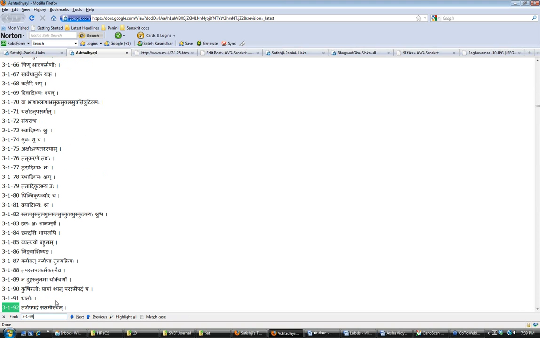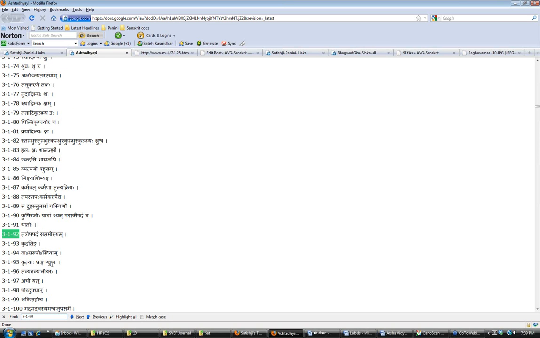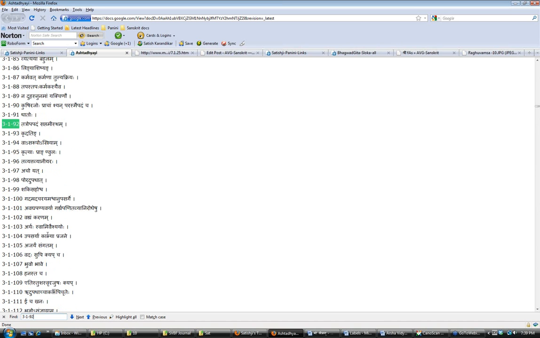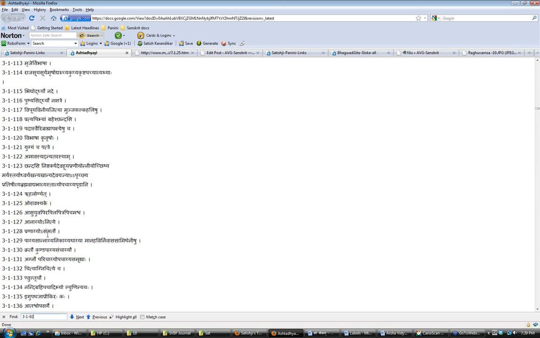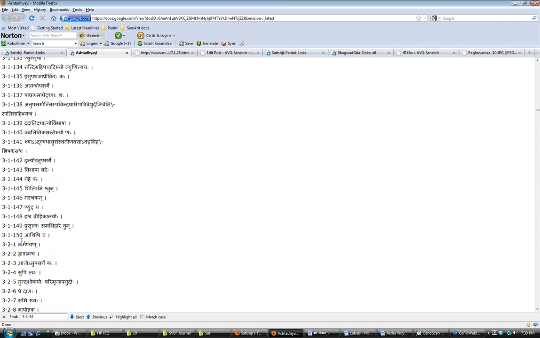Tatra means asmin tritiya dhatu adhikare. In this dhatu adhikara, whatever is in saptami, if it's not regular saptami but technical saptami, then what is indicated by that is an authorized upapada. For example, karmanyan, simple sutram. So karmani is saptami, 3.2.1.